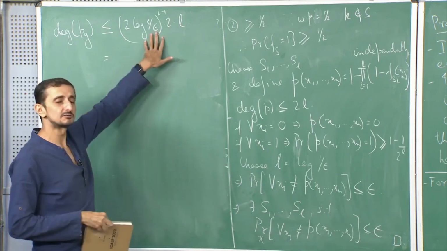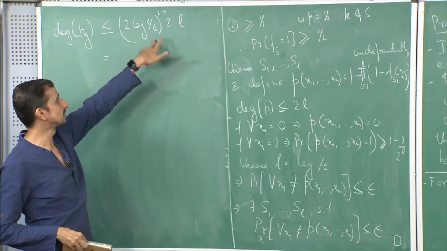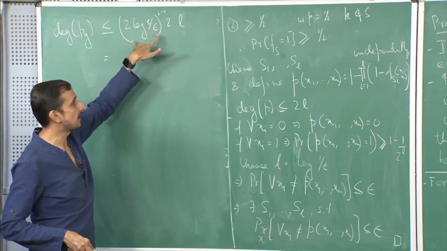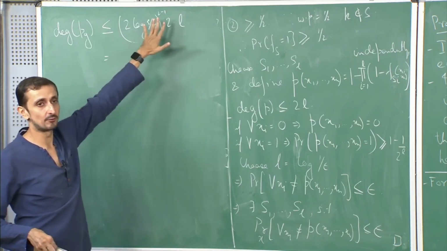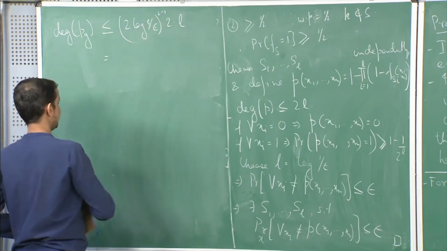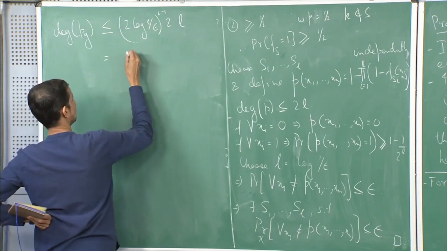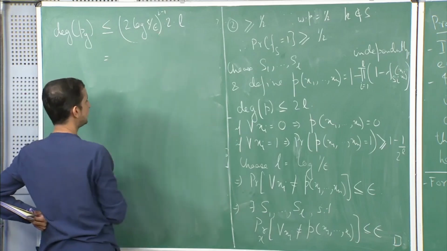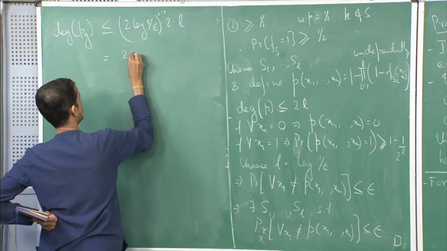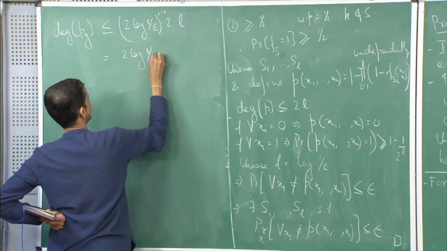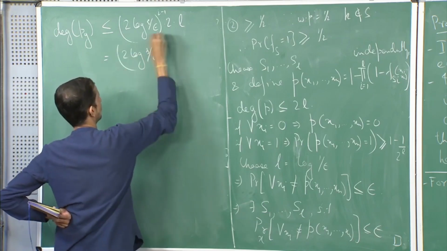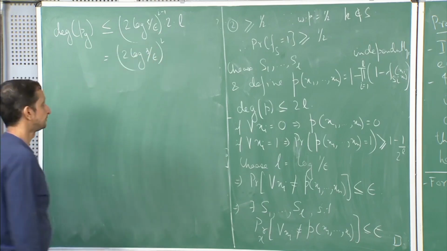Now you can see why I chose L to be log of S by epsilon, because I want it to match my induction hypothesis, this S by epsilon term over here. So for my choice of L, this is equal to 2 log S by epsilon whole to the power i.